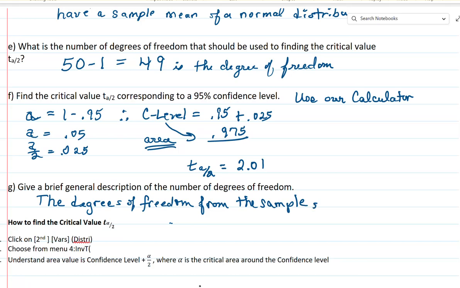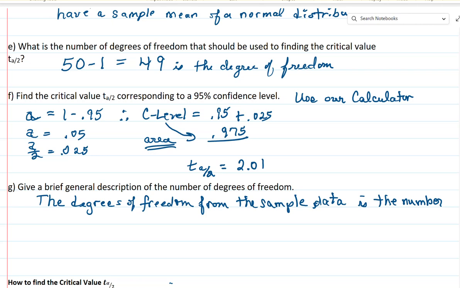So the degrees from the sample data, I forgot data, is the number, because you can have more than one, but for our text, we're only using one.